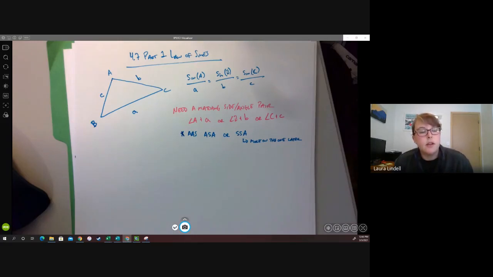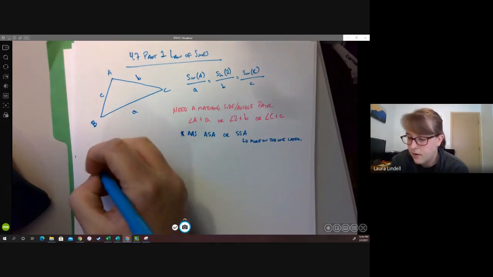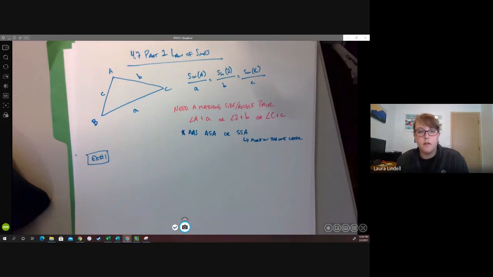Okay. And the easiest way I've found to learn how to use the law of sines is to do examples, so that's what we're going to do. The first example we do, I'm going to give us a picture.